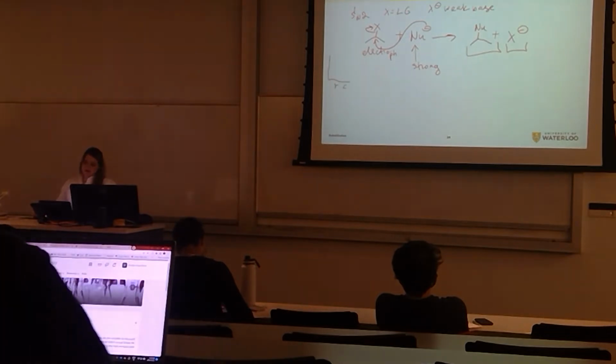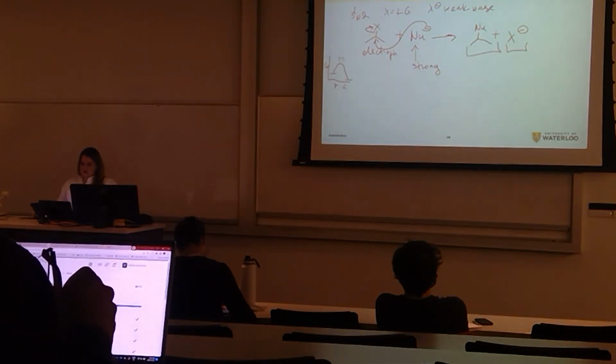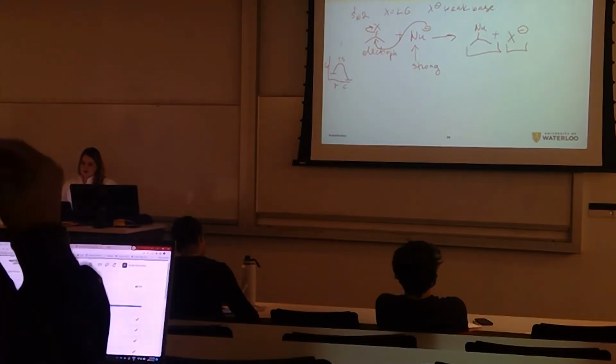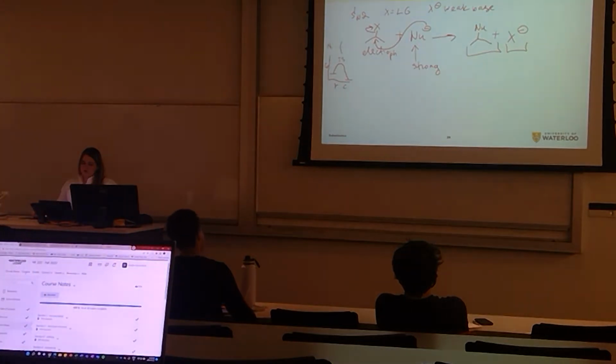So if this is the reaction coordinate and this is energy, the reaction will look something like this, where this would be the transition state, where you will have formation of the nucleophile-C bond and breakage of the C-leaving group bond at the same time.